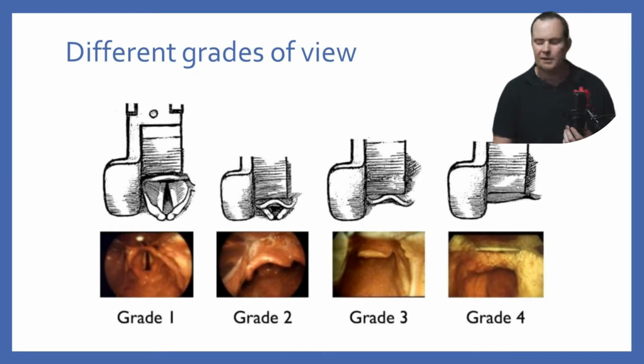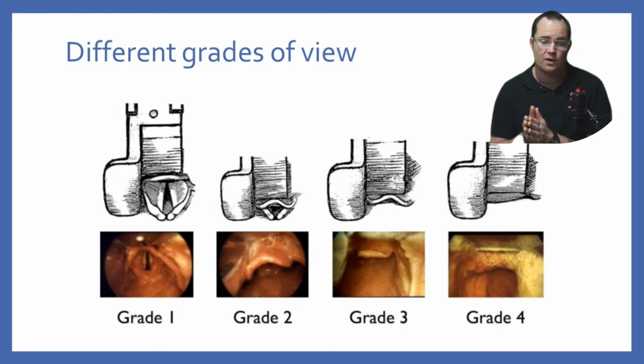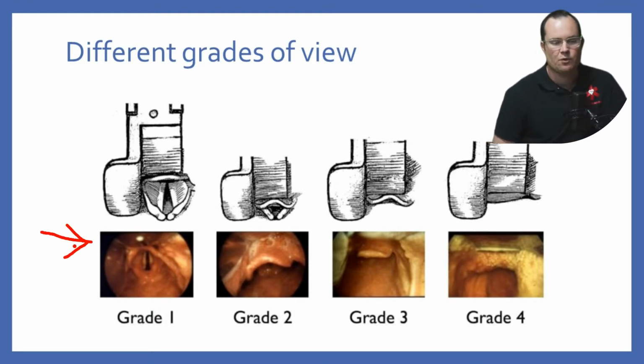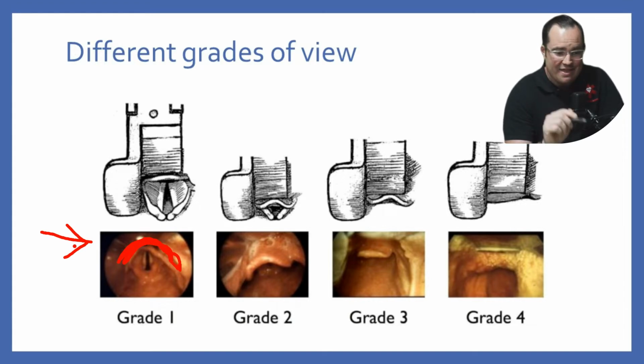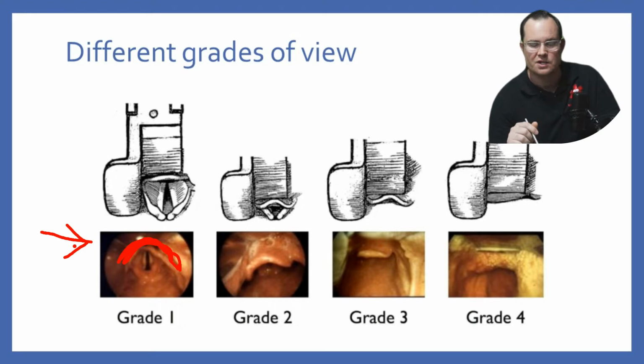So let me explain a little bit about how this grades of view work and what you need to do to change your skills or maybe the way you think about intubation. So when we look at a grade 1 view, obviously what we want to see, the fact that I can see that very easily in this photo is telling me that the person who's intubating is using a Macintosh blade, okay?